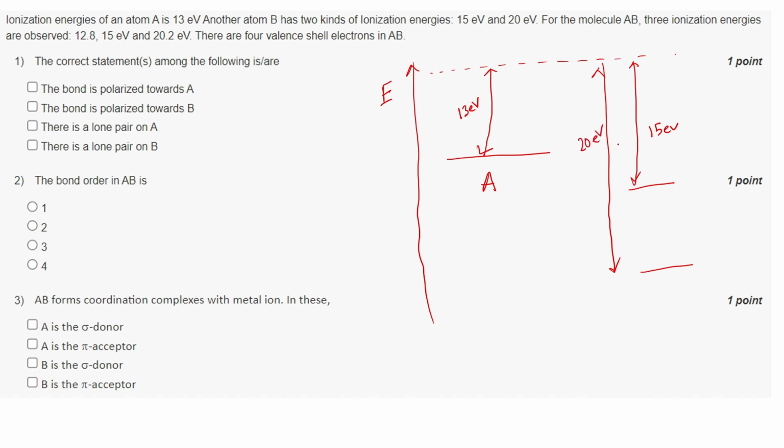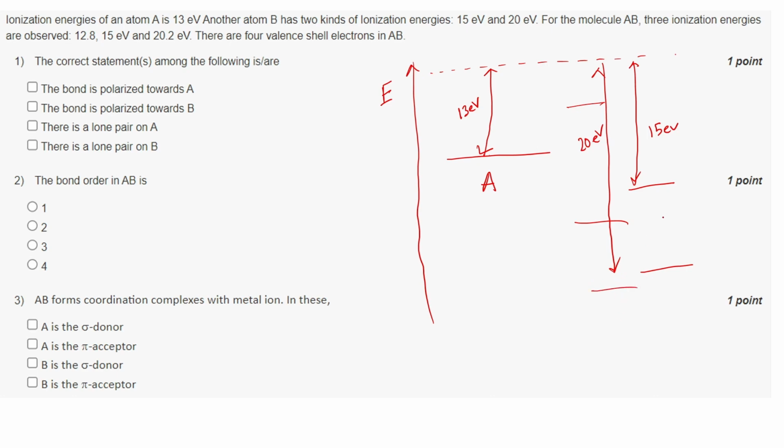Okay, so for the molecule AB, when they form the molecule AB, these are atomic orbitals. Now they will form some molecular orbitals here and there. Okay, are you getting my point? So they will form something like here one, and it could be something like this, right?